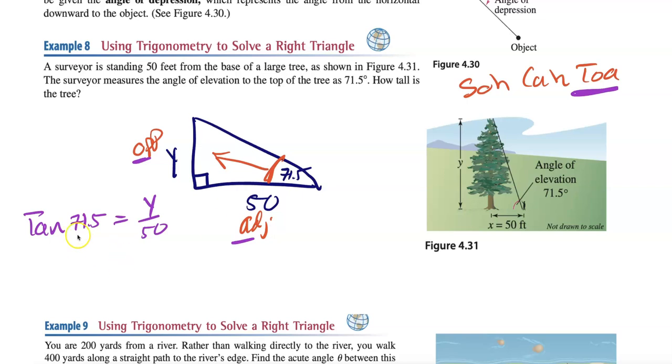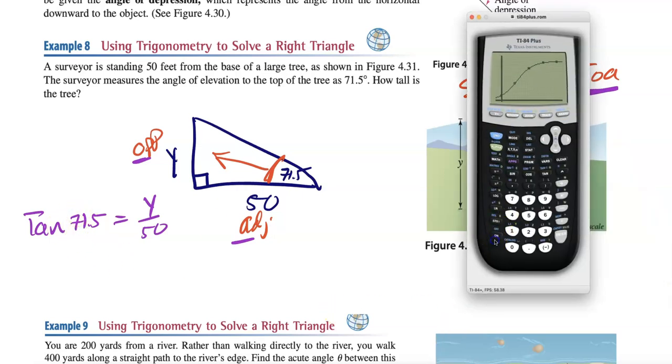Now all I have to do is type this into our calculator. I need my calculator back. I have to make sure I'm in degrees. If you have a graphing calculator, notice that we're in degrees. You have to make sure your calculator is in degrees. Okay, so I'm going to put tan of 71.5, and I get 2.904 equals y over 50.